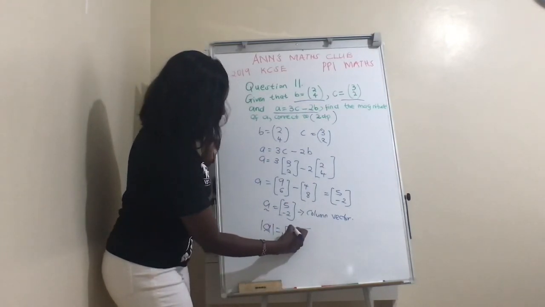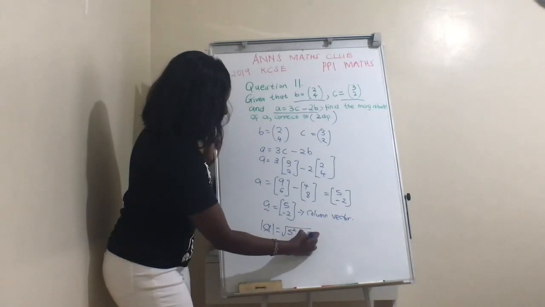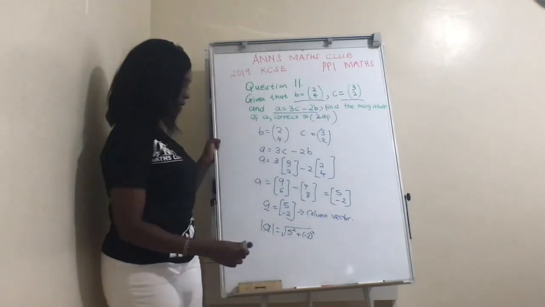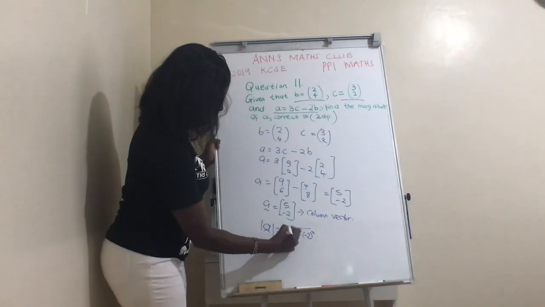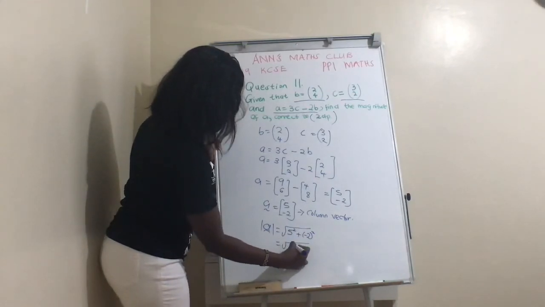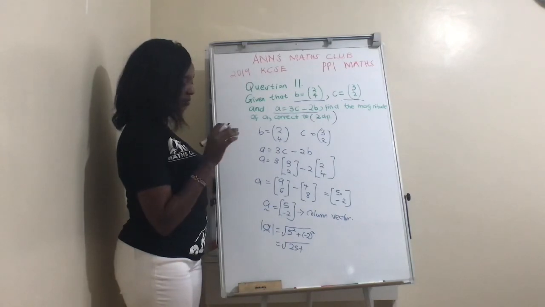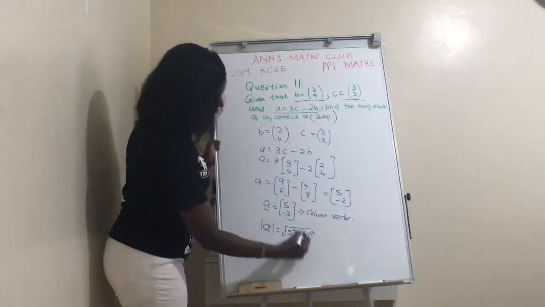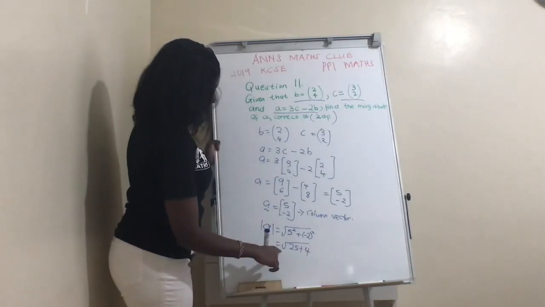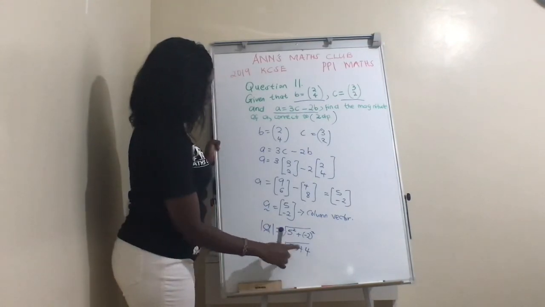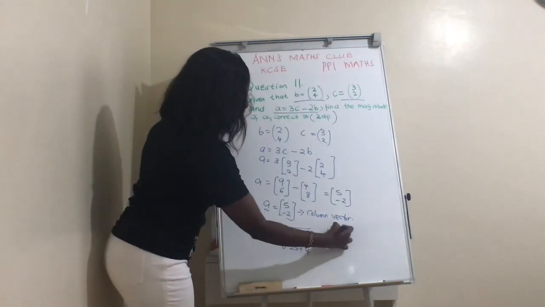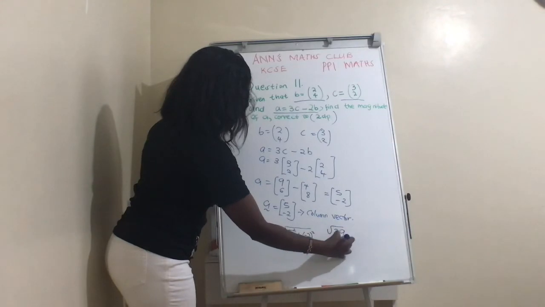It becomes 5 squared plus minus 2 squared. So 5 squared gives you 25 plus minus 2 times minus 2, negative and negative gives you a positive, it becomes 4. So 25 plus 4 is 29, so you are left with finding the square root of 29.